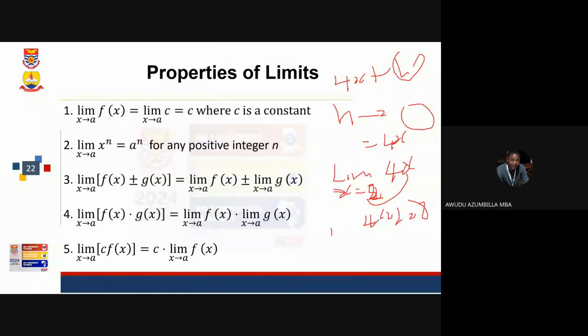Okay, but if you have the limit as x approaches 2 of 100, what will be the final answer? Who can tell me?